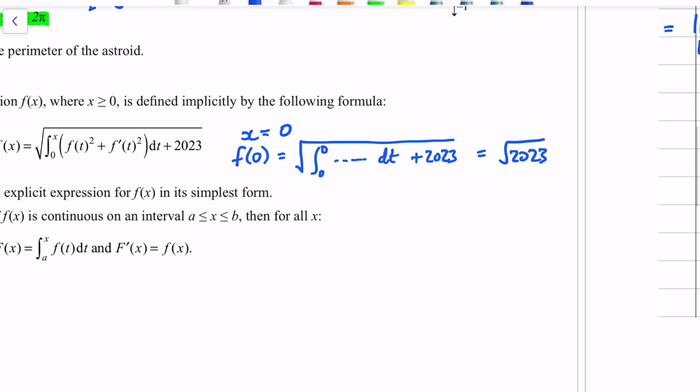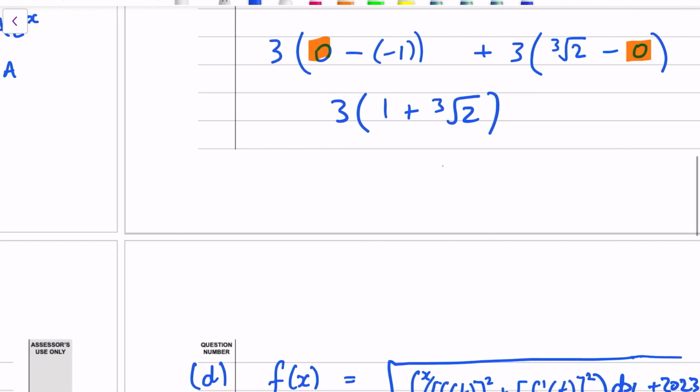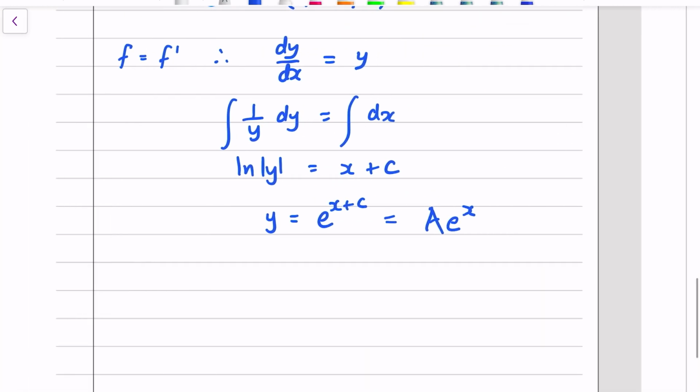And f of 0, when we've got a function that's y equals a e to the x, f of 0 is the a value. That means that a is square root 2023. So we can work it out, and our final function using f of 0 is equal to the square root of 2023 implies that y is equal to root 2023 e to the x.